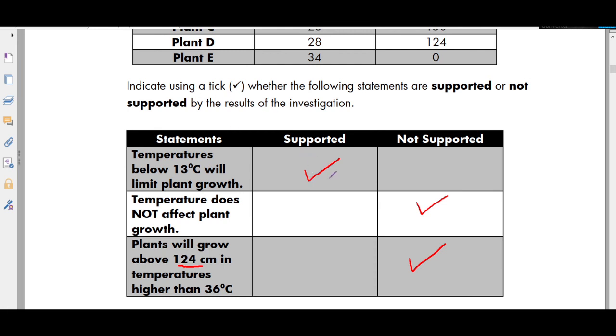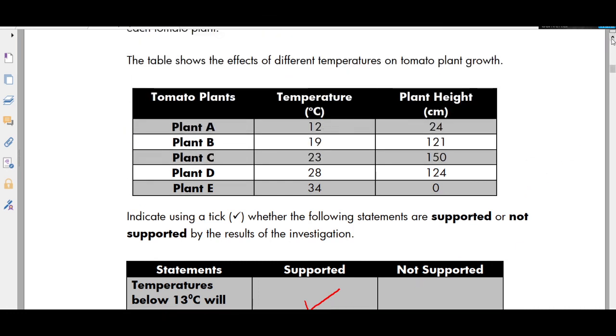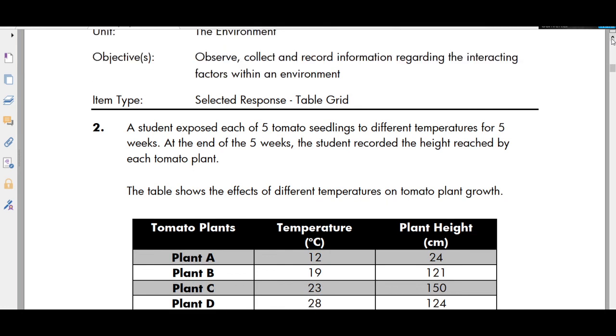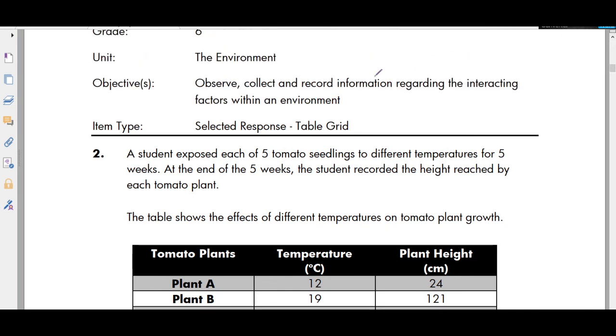So again, guys, to wrap this one up, we have to understand the principles that they're talking about here. In the environment, we have interactions between different factors that will result in different things happening. So we have cause and effect. If it is too cool, plants won't grow well. However, if it is too warm, they won't grow either.